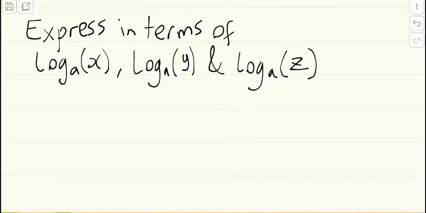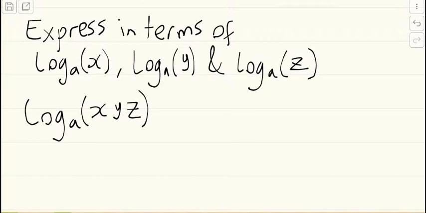So the first example we will look at is this. We have log to the base a of xyz.